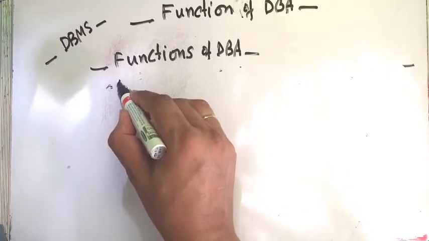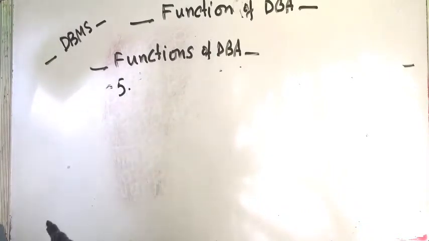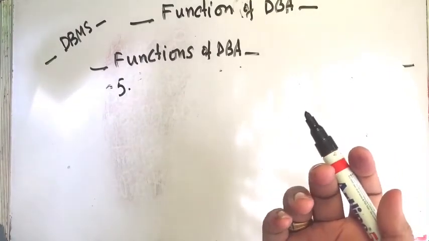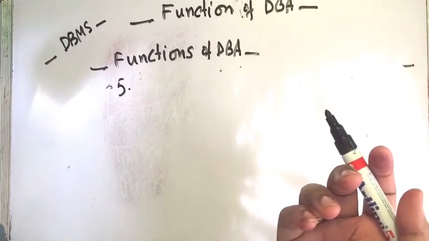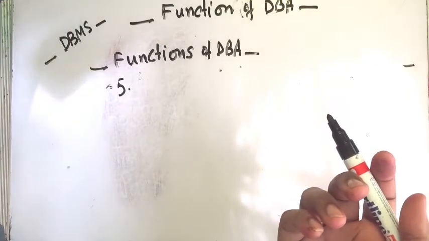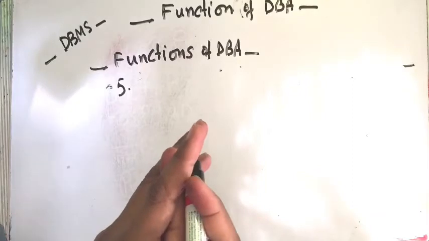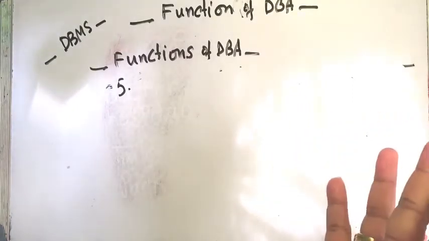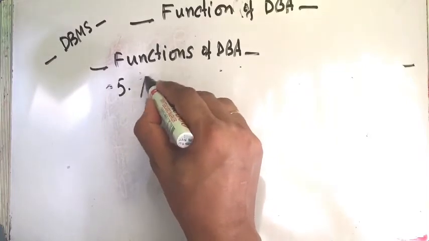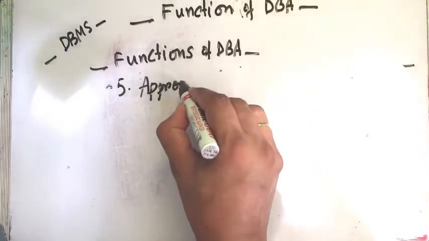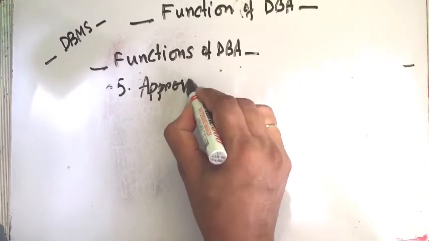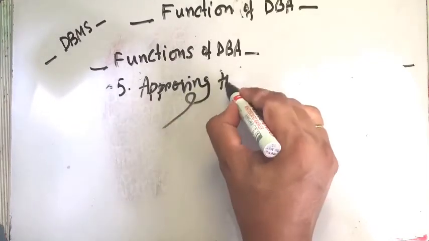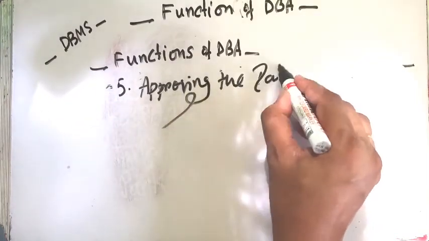Next, the fifth one, it approves the data access, because there are different users and different users are given different kinds of permissions. Fifth one is approving the data access.